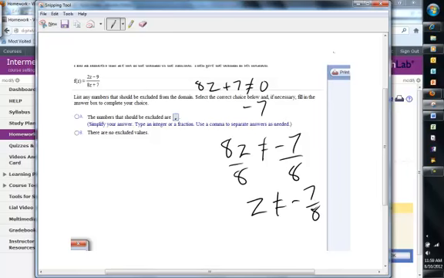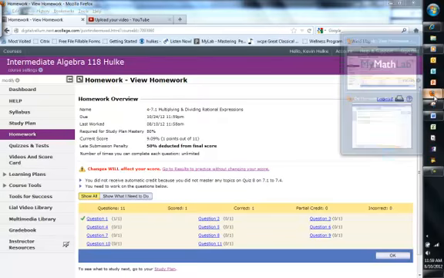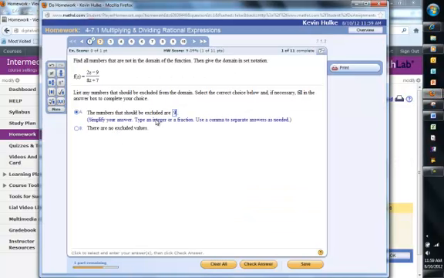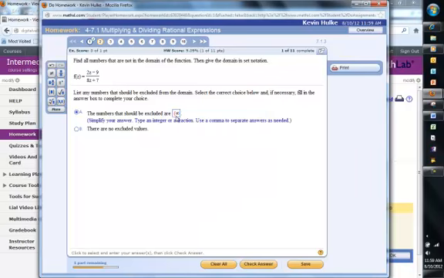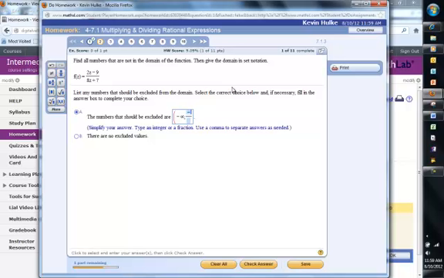So we go from negative infinity to negative 7/8, and from negative 7/8 to positive infinity.